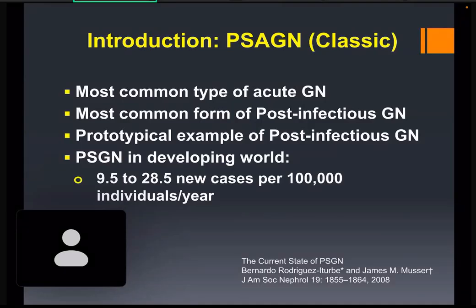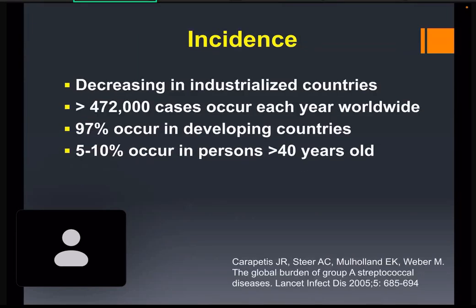PSGN is very common in developing countries, especially in the Philippines. But the incidence in industrialized countries like the US, the UK, and even Canada and Australia is very low, because they have wide early detection and a very good preventive measures, like vaccinations, information, or education among parents.